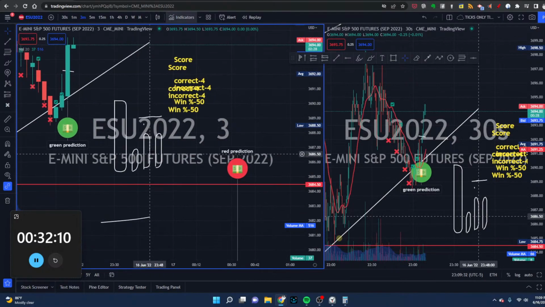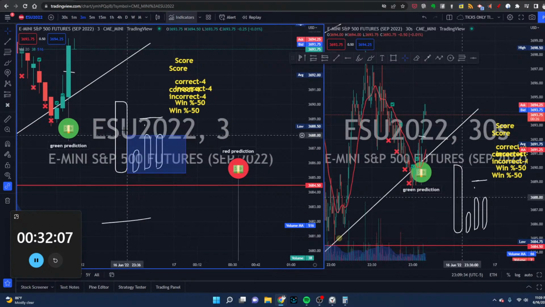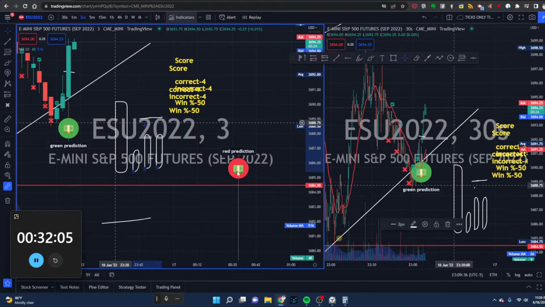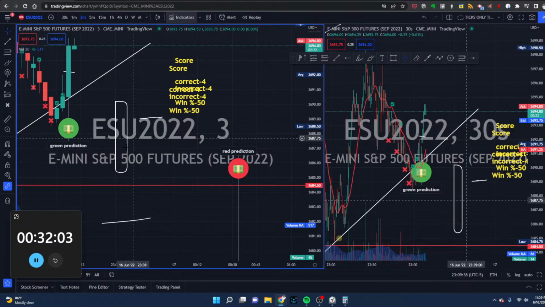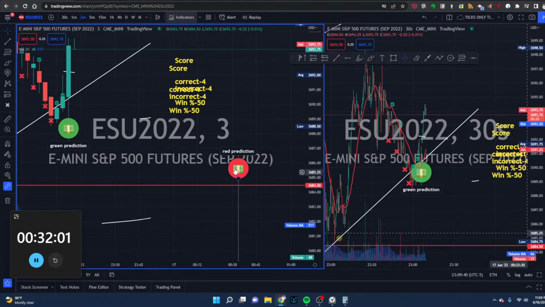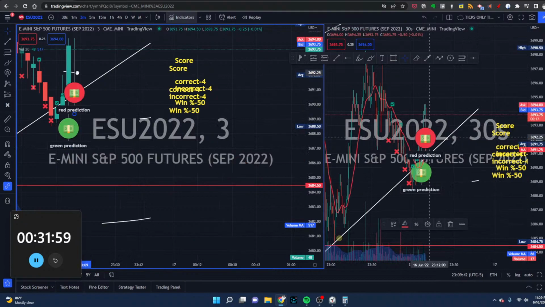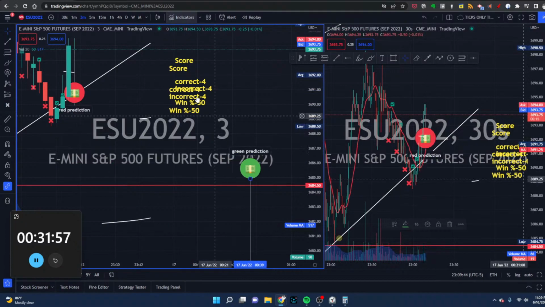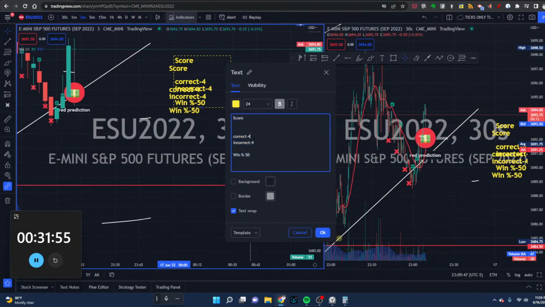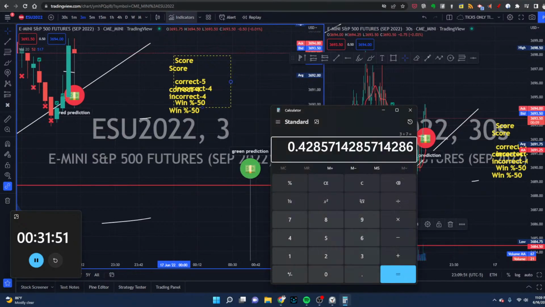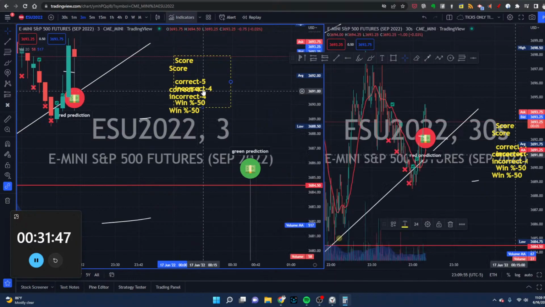That's why I'm expecting it to be the opposite color. So we got a red prediction on this one here. We won this one here, and we are now 5 correct guesses, 4 wrong ones. So 5 divided by 9, that's 55% correct so far.